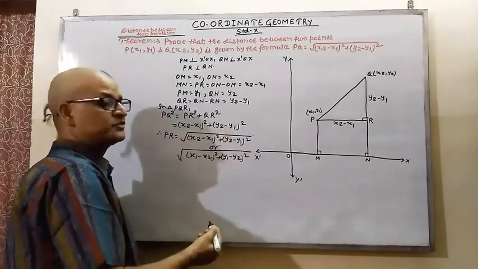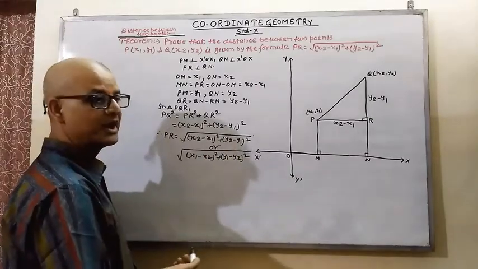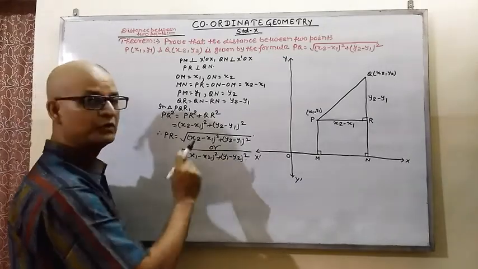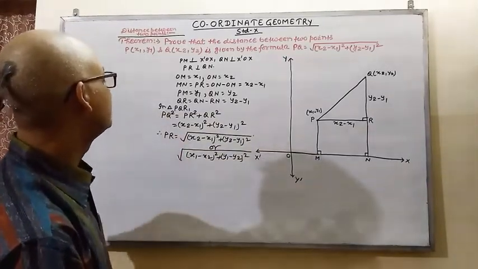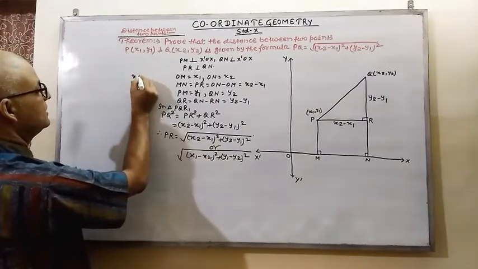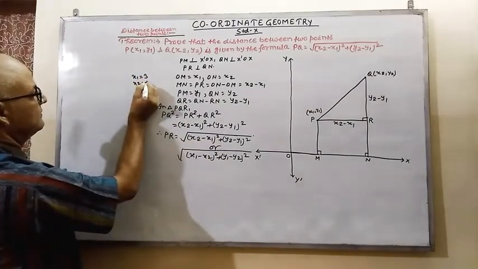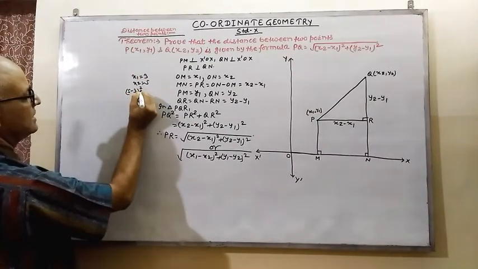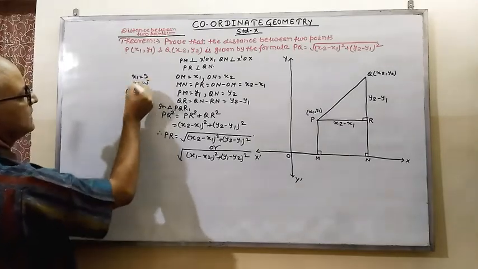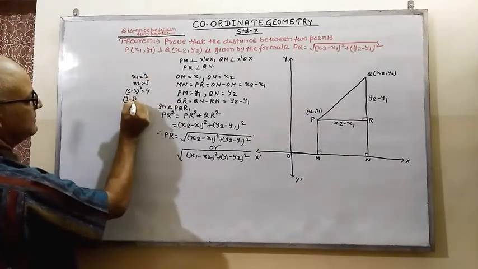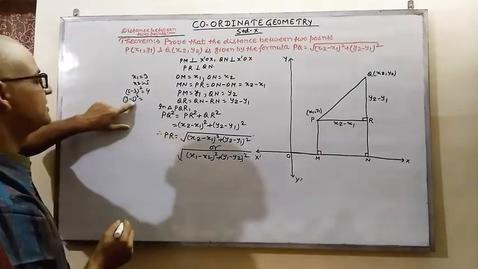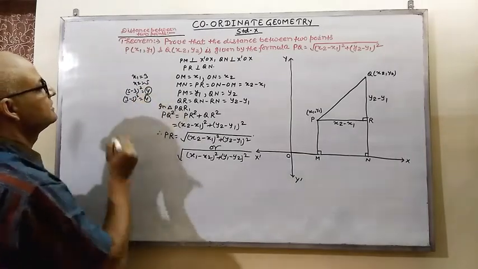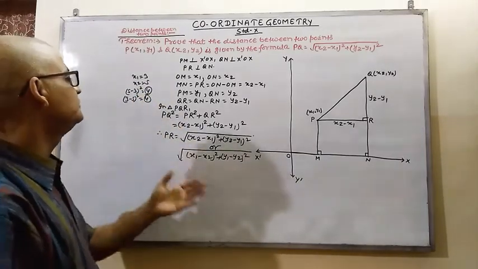For example, suppose x1 is 3, x2 is 5. Then x2 minus x1 whole square is (5 minus 3) whole square, that is 4. And if you take x1 minus x2, then (3 minus 5) whole square, so (minus 2) square is also 4. So in both cases it comes the same. So anyone can use it.